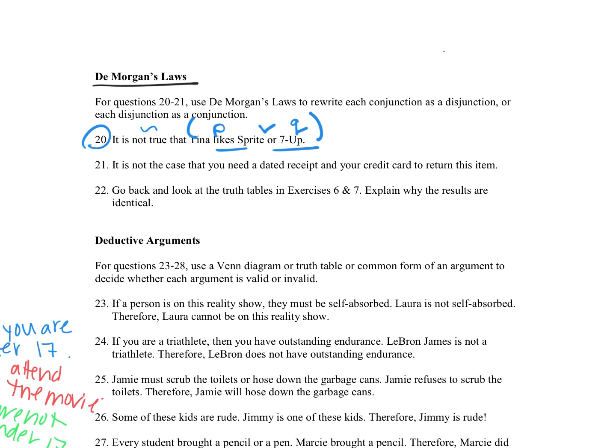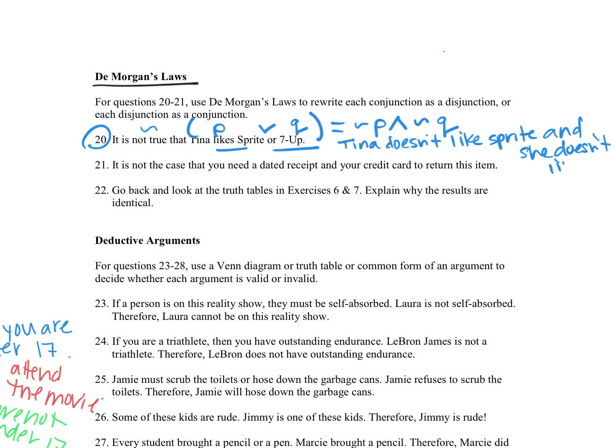So De Morgan's law says it's kind of like distributing, but what happens is that disjunction turns into a conjunction. So we're going to negate that P and Q and combine it with the word and. So what that would look like then is that Tina doesn't like Sprite and she doesn't like 7-Up.